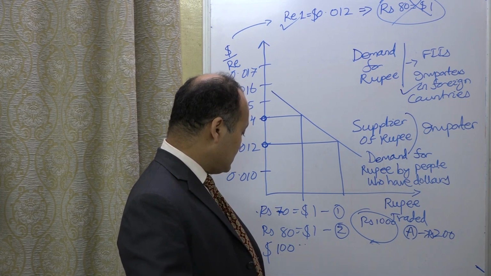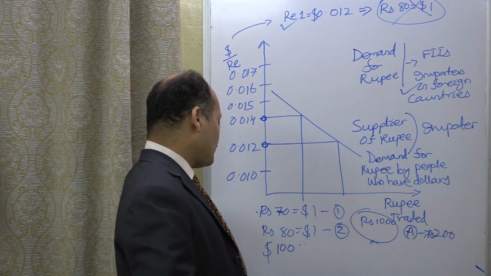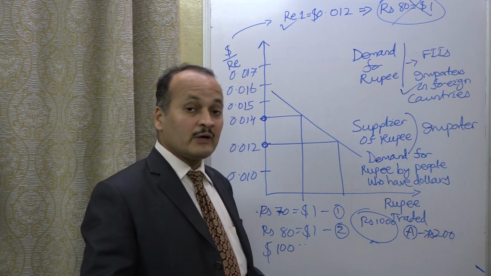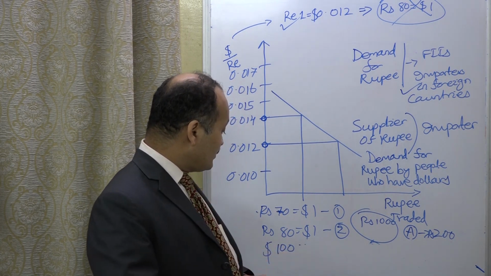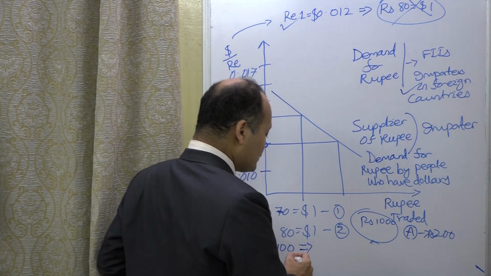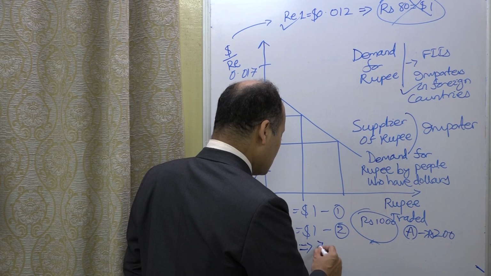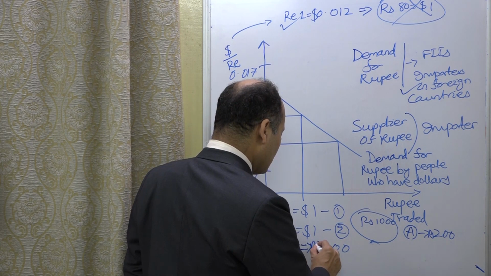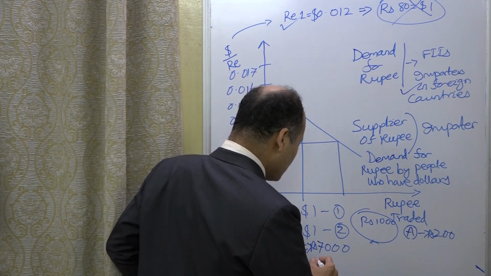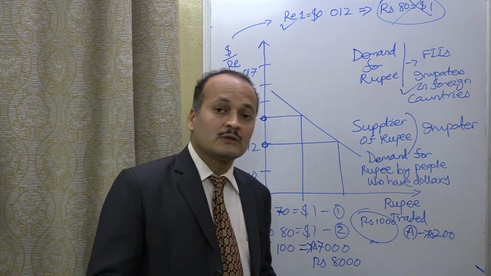If you are a toy trader, importing toys from US and selling them in India, and you want to import toys worth $100, now if the exchange rate is at 70, you need to arrange 7,000 rupees. But if the exchange rate is 80, you would require 8,000 rupees to buy the same $100 worth of toys.